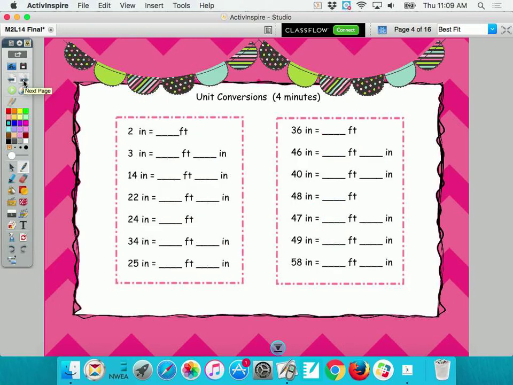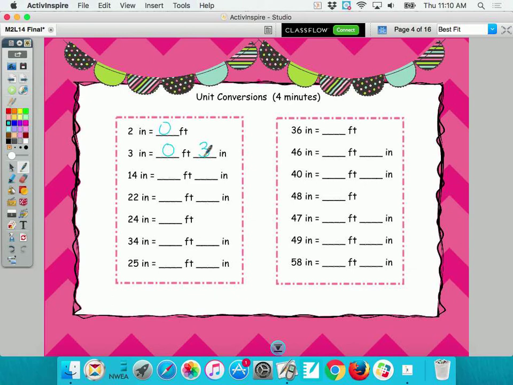We're starting with inches and going to feet. Okay? So what if I had 2 inches? How many feet would that be? 0. Okay, what about 3 inches? How many feet is 3 inches? 0. And 3 inches, right? Now I think they started with 0 so you would know that we're going to have a whole number here that's something about the feet.